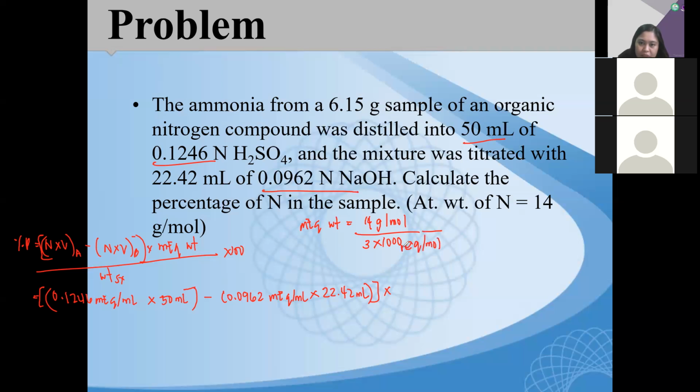Cancel the mole. So 14 divided by 3,000 is 4.6666667 times 10 raised to the power of -3 grams per MEQ. So this is what we will put here.